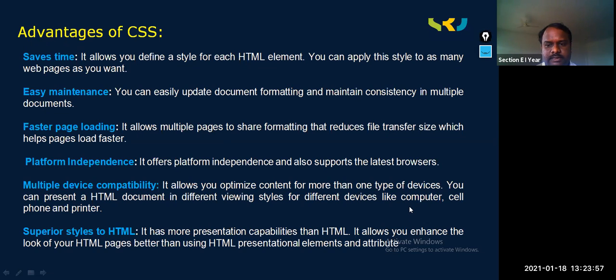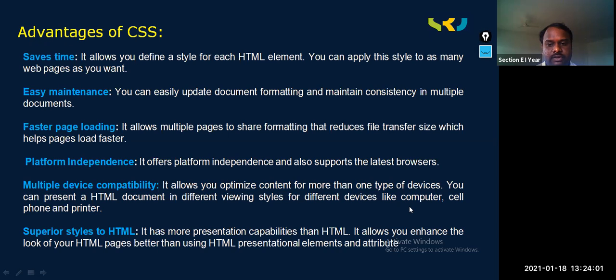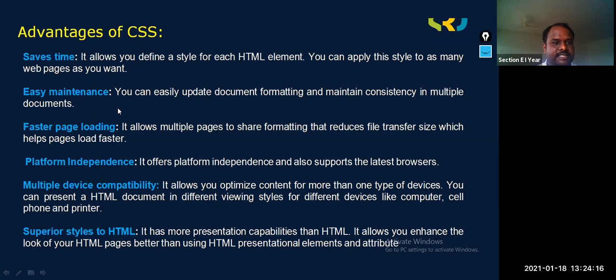Writing once and using many times. Very good. We write only one time, and if you want to utilize that same property multiple times, then we go for CSS, and we introduced inline CSS.